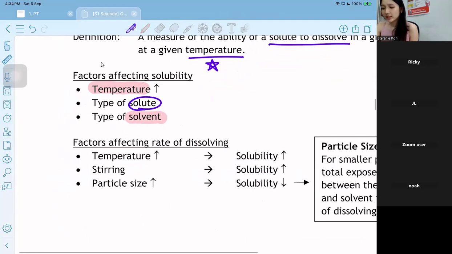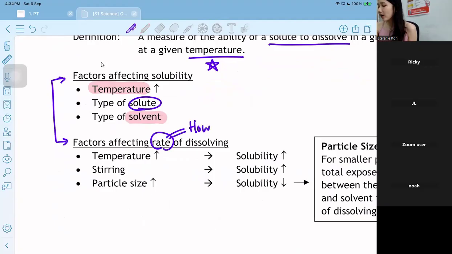Now, these two things are different, although they sound the same. The second one is talking about rate. Rate is always how fast. How fast are you dissolving it? When you make Milo, you just keep stirring, so the stirring will make it dissolve faster. Temperature also will make it dissolve faster.